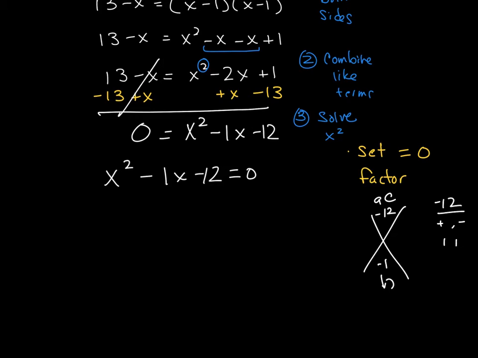Those factors of 12 are 1 and 12, 2 and 6, 3 and 4. So I want two numbers that multiply to equal negative 12, but add or subtract to equal negative 1. And those two numbers are going to be 3 and 4, but I want it to be a positive 3 and a negative 4.